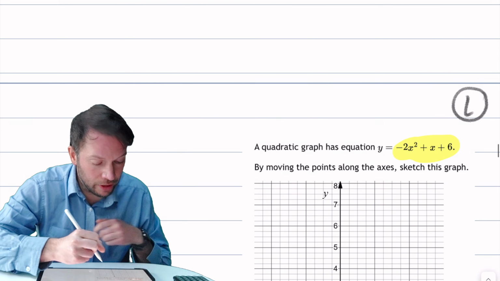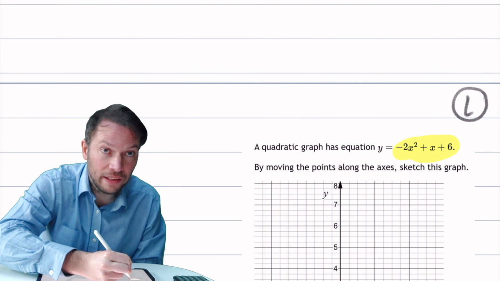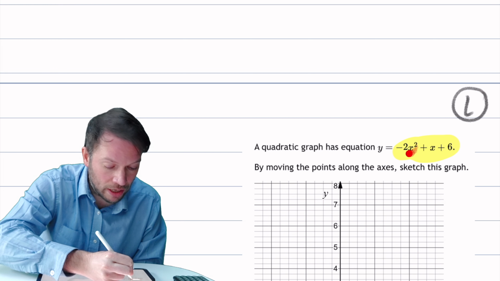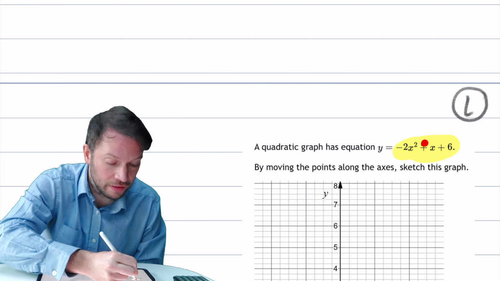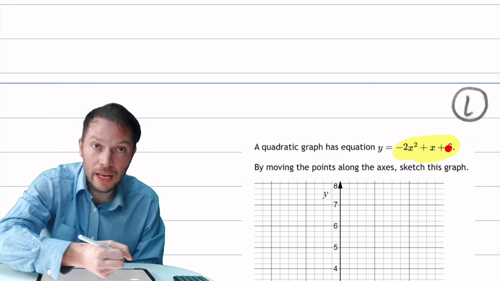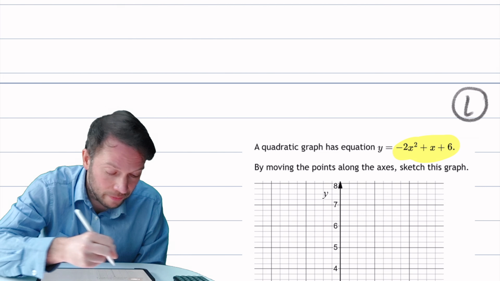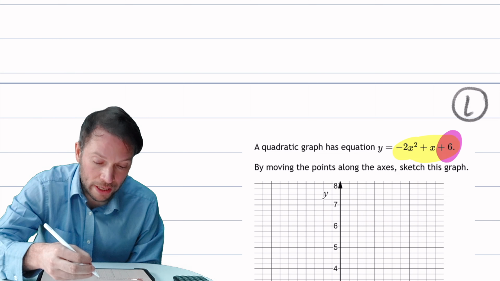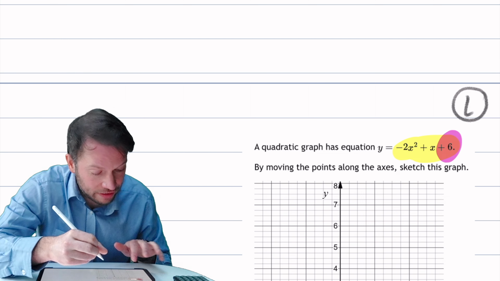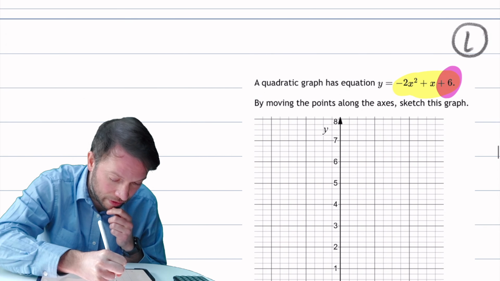Now, if x was 0, we substitute x as 0 in, we would have minus 2 times 0 squared, that's just 0, plus 0, plus 6, that will give us 6. So basically, this constant term, usually at the end, that will give you the y-intercept. So when x is 0, y is 6, and we're going to have that here.